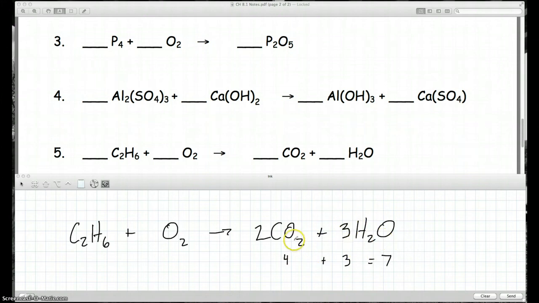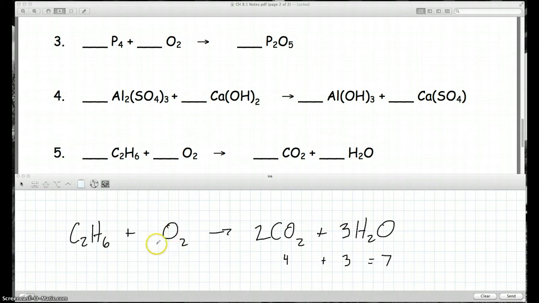Now, there's a couple different ways to do this. The way I like to do this is something called the 0.5 trick. And the reason I need to do it is if I have 7 oxygens over here on the right side, there's no whole number I can put in front here that's going to add up to 7. Because if I put a 3 there in front of the oxygen, 3 times 2, that's 6.